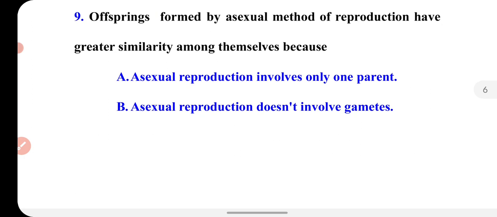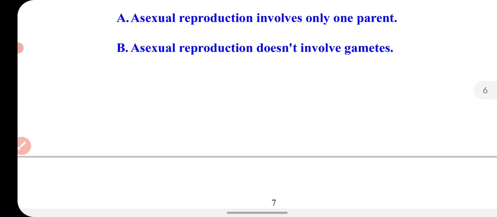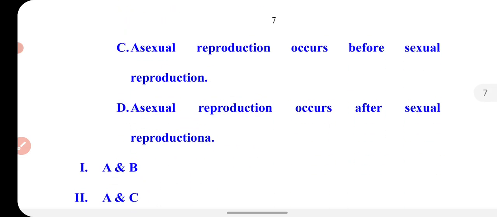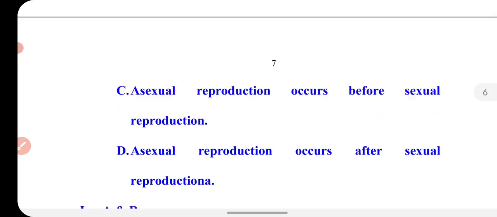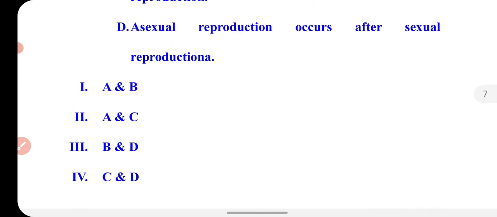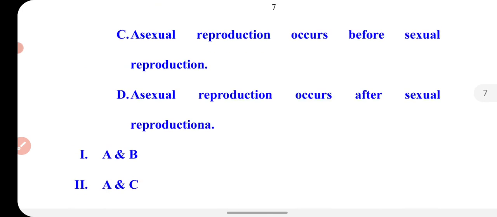Option A says asexual reproduction involves only one parent, B says asexual reproduction doesn't involve gametes, C says asexual reproduction occurs before sexual reproduction, and D says asexual reproduction occurs after sexual reproduction. You have to find the correct reason, and the options are A and B, A and C, B and D, and C and D.